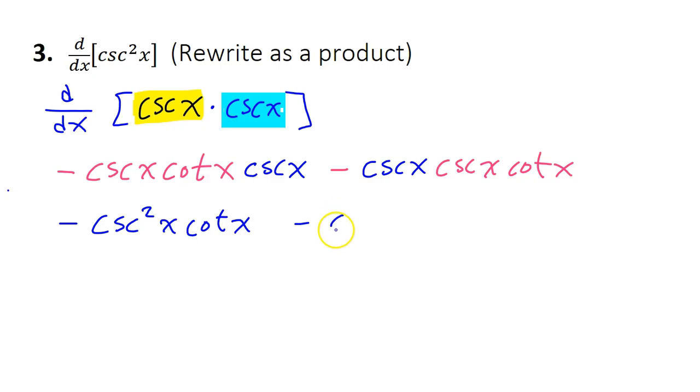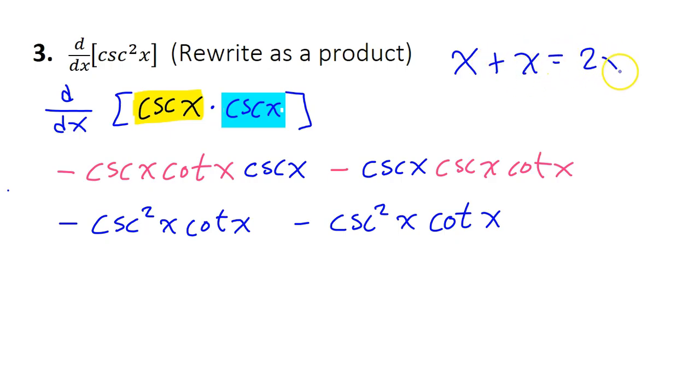So minus cosecant squared x cotangent x. Because both of these terms are identical, we can combine these into a single term. You know how x plus x is 2x. Similarly, these two terms combine into negative 2 cosecant squared x cotangent x.